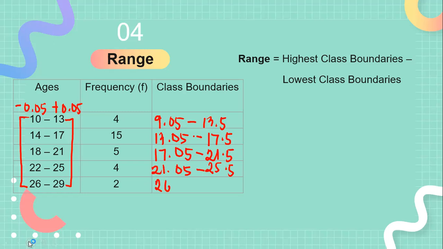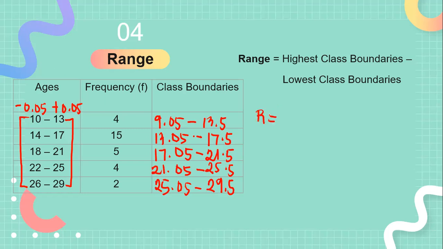It's not 26. It's 25.5 or 0.5 minus 29.5. Okay.